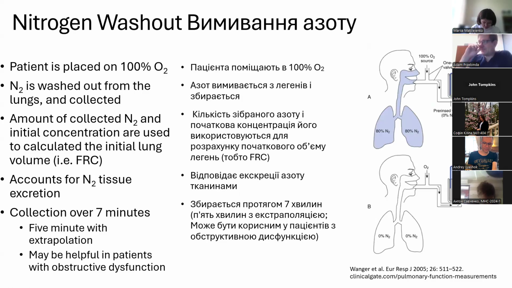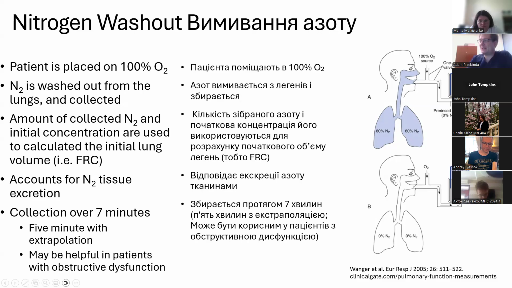So the way that it's done, you put the patient on 100% oxygen, attached to a source of 100% oxygen through a series of one-way valves. So you inhale oxygen, and then you exhale here, and you can imagine that somehow this device would capture the volume, but it's not exactly right.